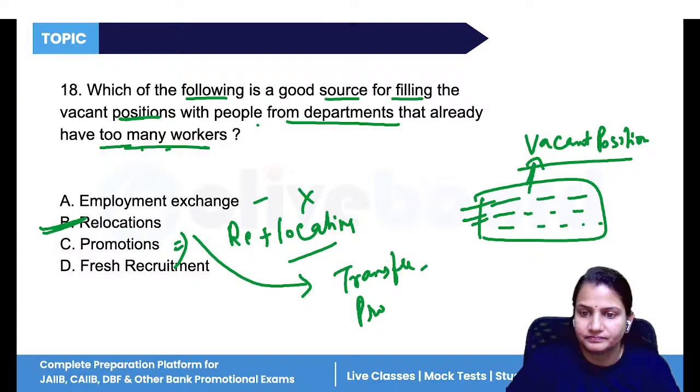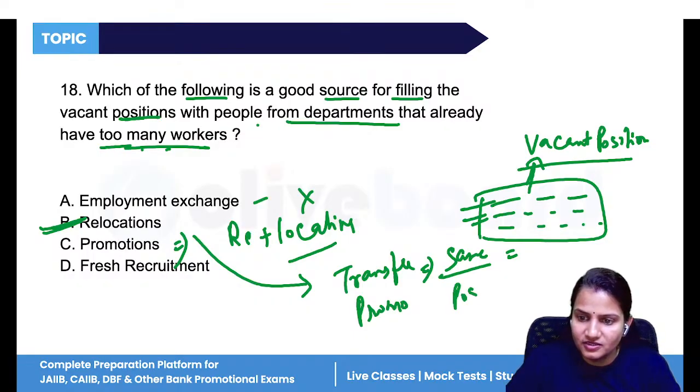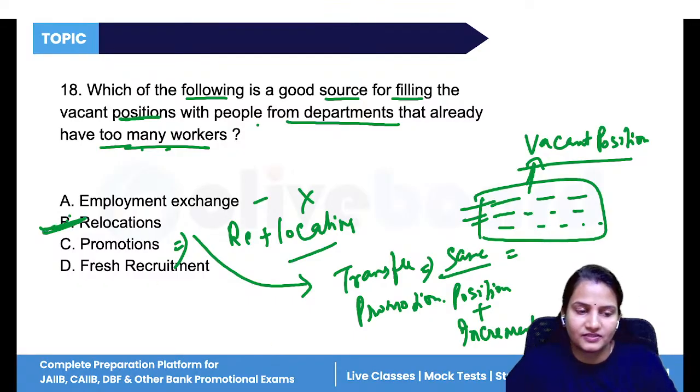In transfer, you are only transferred to another job, but the position is the same. But in promotion, the position also changes, and with that you get an increment in salary too. So option B is the correct answer.